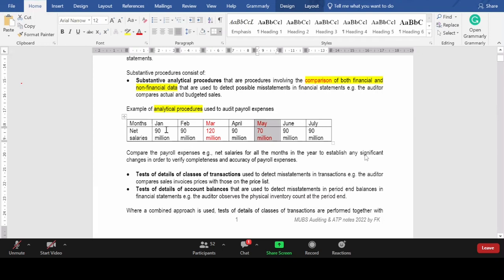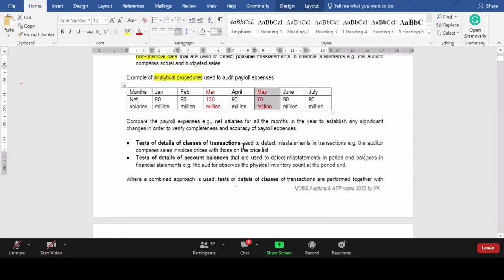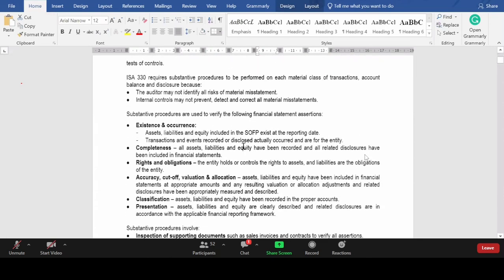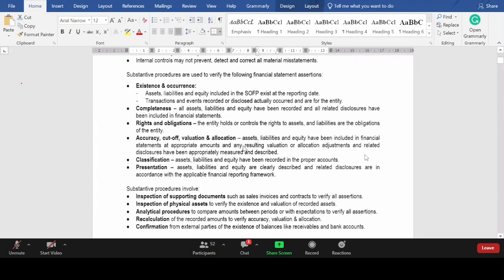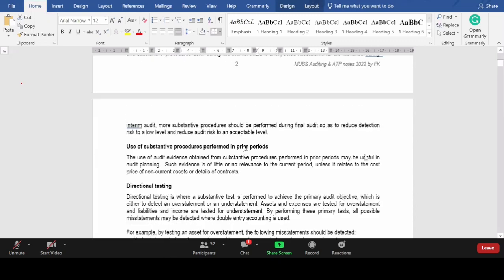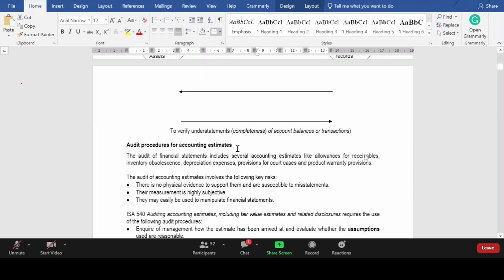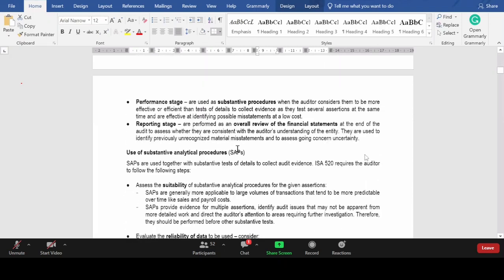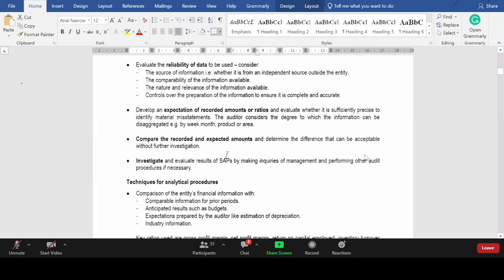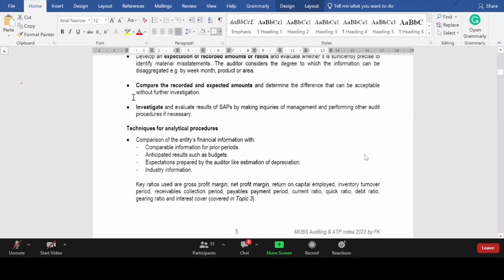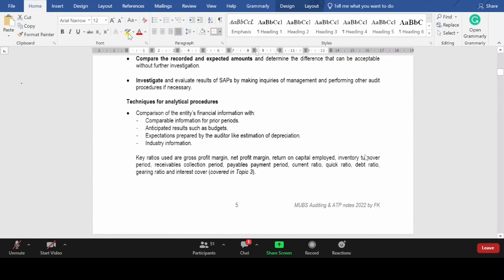You get it. You can also compare the actual and the budgeted figures. We're going to look at more of this. Other analytical procedures you can do are here. You can also compare, apart from comparing monthly, techniques for analytical procedures.